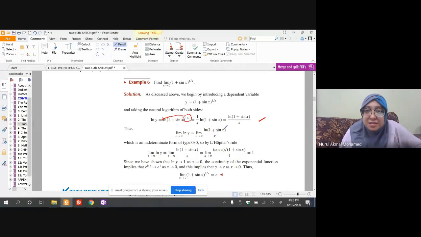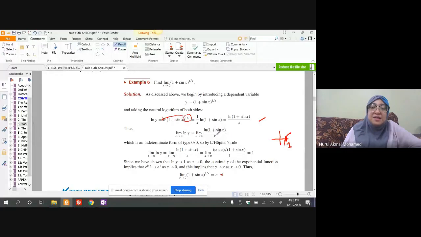For this one, sine 0 gives you 0. Ln 1 is 0 as well. If you look at the graph, it intersects at x equal to 1, so ln 1 gives you 0.